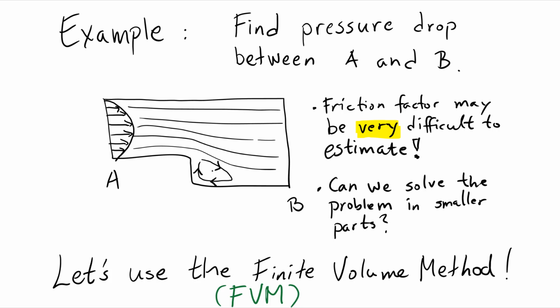This is of course part of a friction factor if we would use it in the Bernoulli equation. But with the finite volume method we can resolve this system in such a manner that we could actually see how this interacts with the pressure loss.